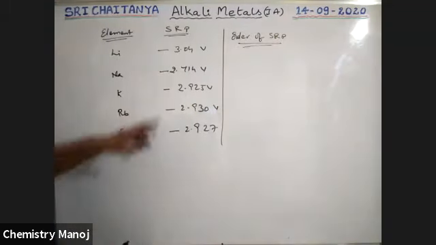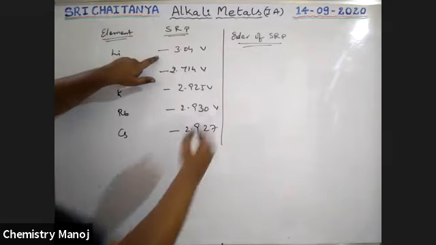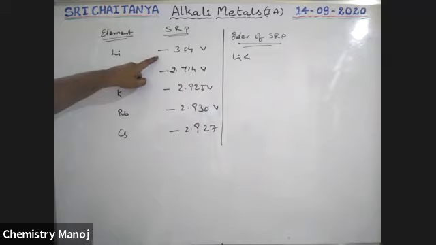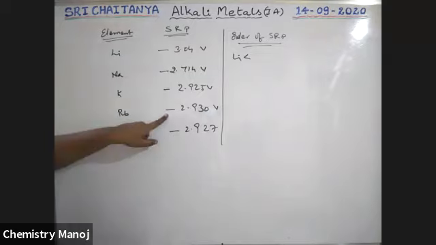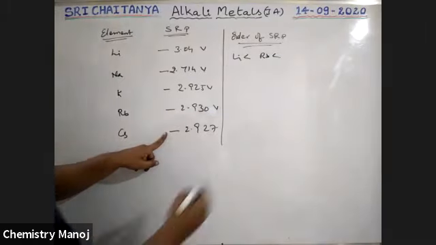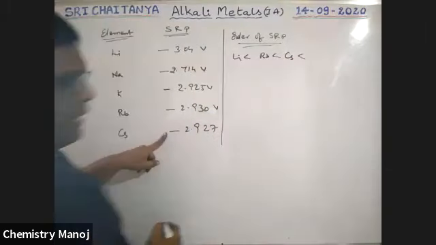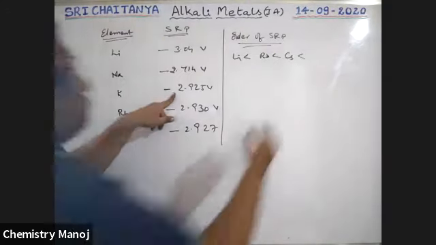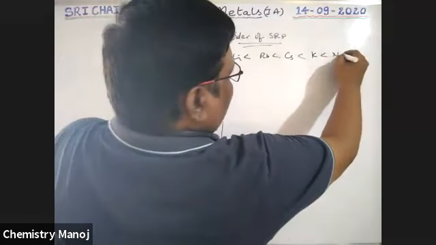The greatest negative means the least value. Lithium is less than rubidium, less than cesium, less than potassium, less than sodium.